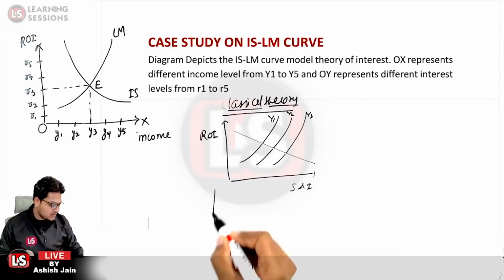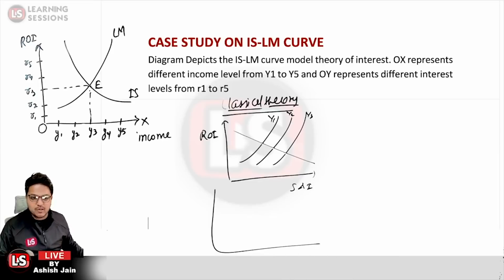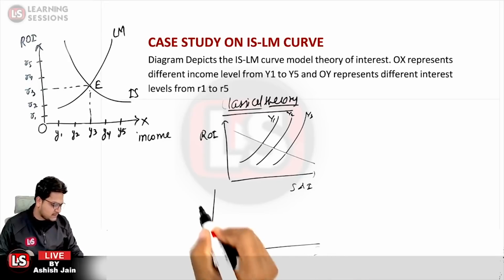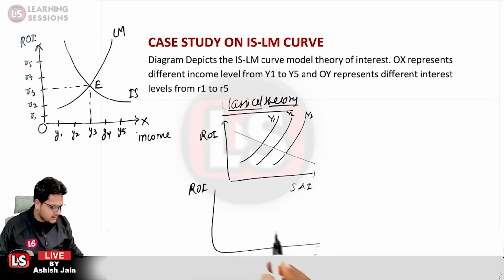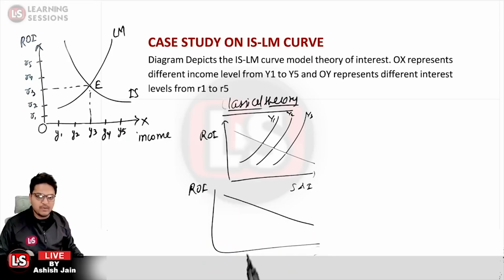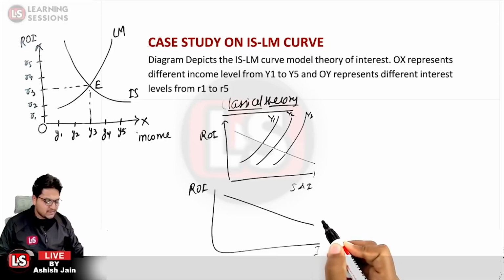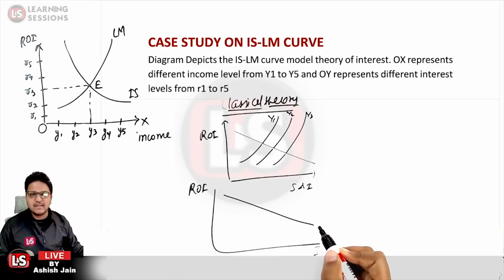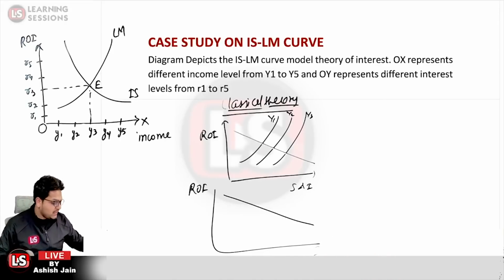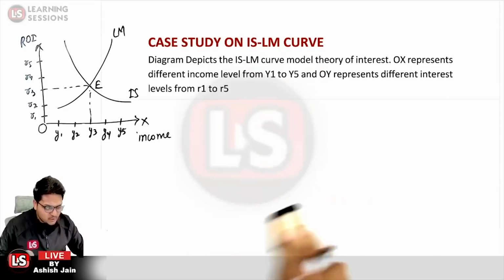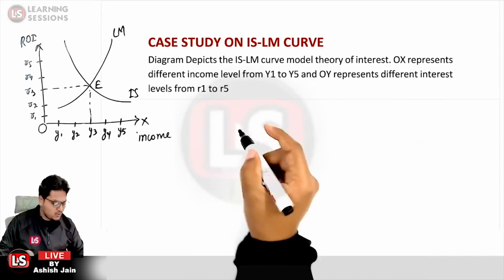If we draw the curve from here, with income on the x-axis and ROI on the y-axis, this curve will be downward from left to right. Okay, so that is the IS curve we can say here.